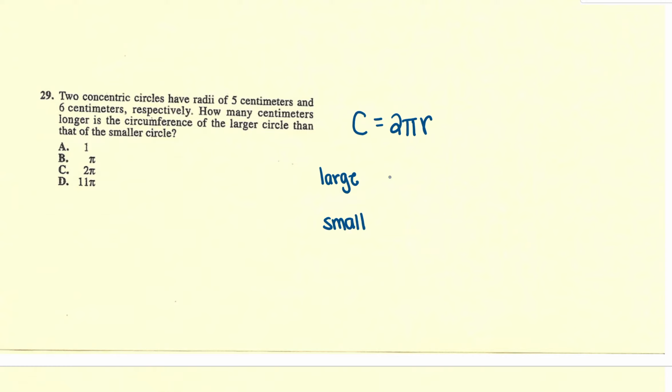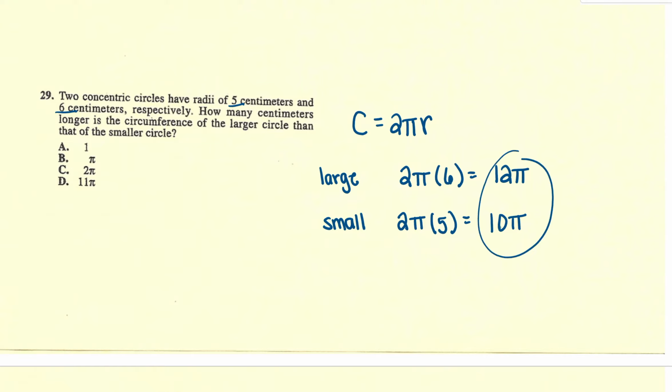The larger circle has a radius of 6, so that's 2 times pi times 6, which is 12 pi. The smaller circle has a radius of 5, so 2 times pi times 5, which is 10 pi. It says how many centimeters longer is the larger one, so just subtract the 2. 12 take away 10 would be 2 pi.